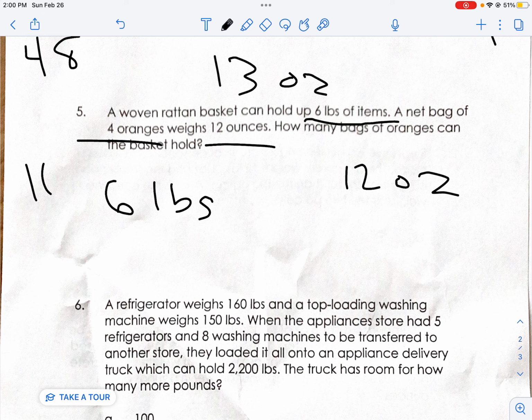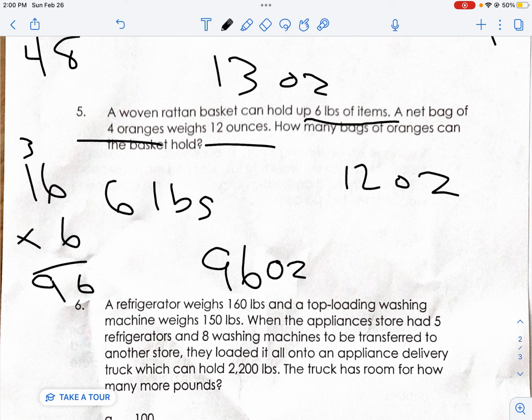So 16 times 6. 6 times 6 is 36. Carry your 3. 6 times 1 is 6, plus 3 is 9. So we have 96 ounces that it can hold, and we're going to go in increments of 12. So we have 12, 24, 36, 48, 60, 72, 84, 96.